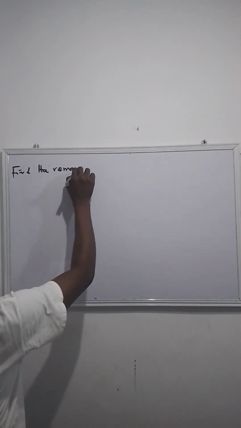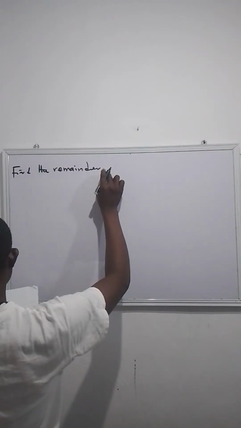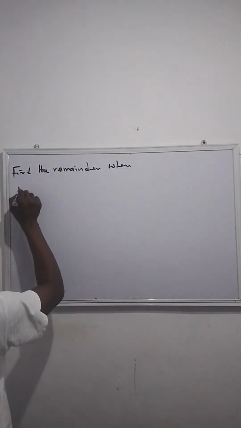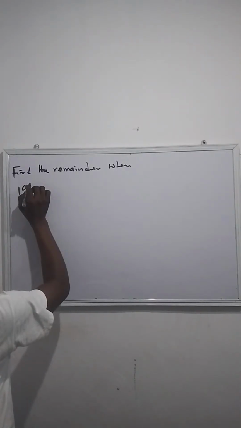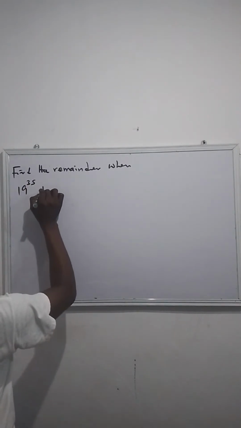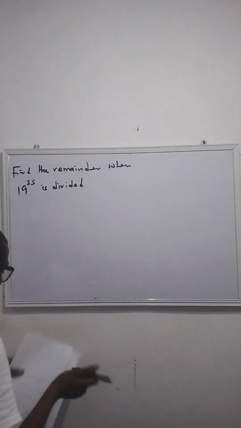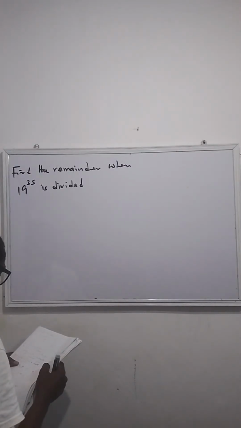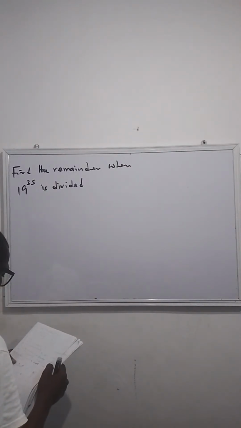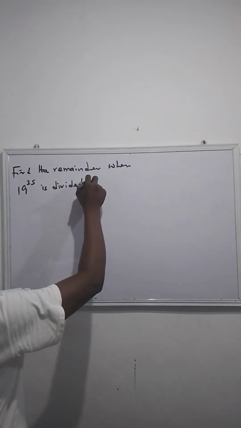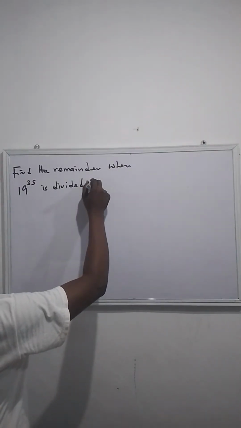Now find the remainder when 19 raised to 35 is divided by 5.